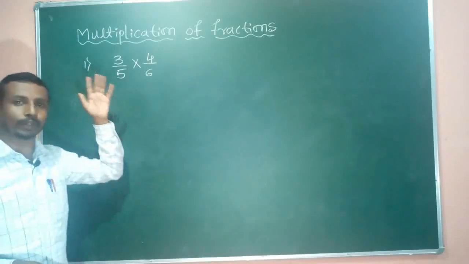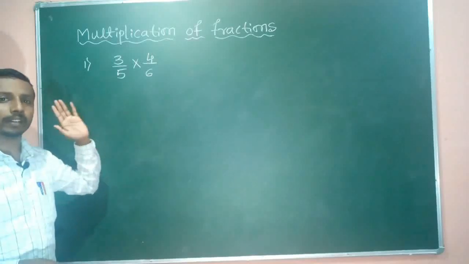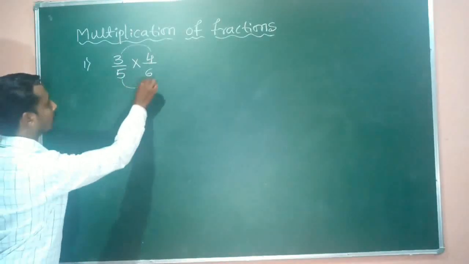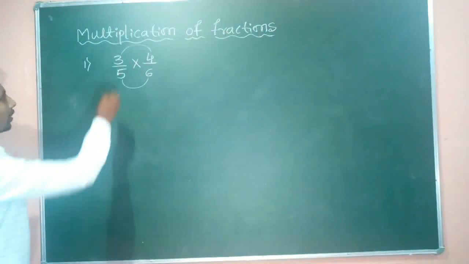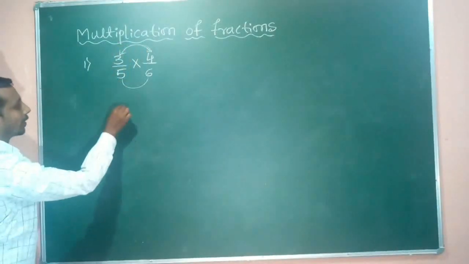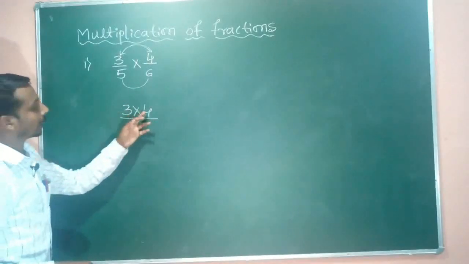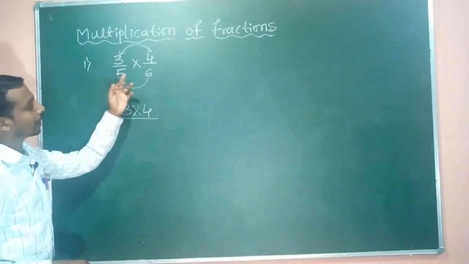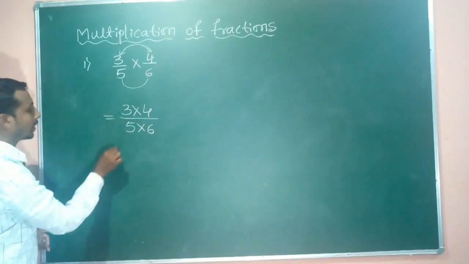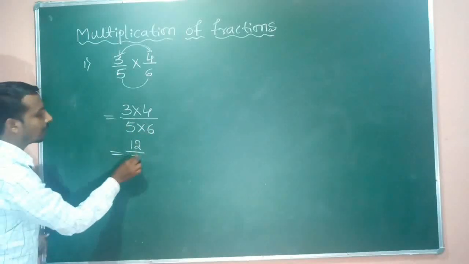In multiplication of fractions we have to multiply numerator into numerator and denominator into denominator. So 3 into 4, both numerators, divided by denominator into denominator, that is 5 into 6. 3 fours are 12, and 5 sixes are 30.